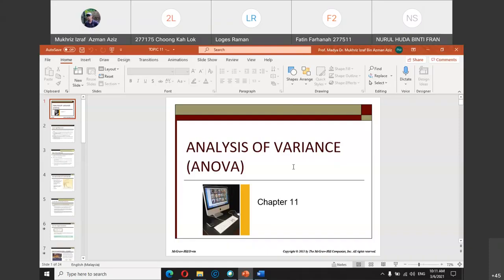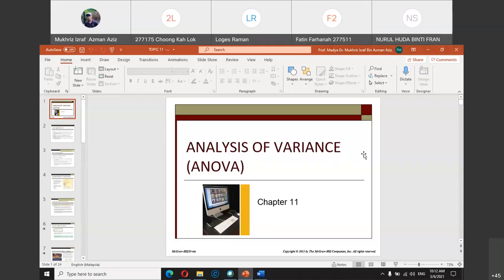And when it comes to software applications, if you use a package like Microsoft Excel or econometric software like Stata, eViews, SAS, or any other software that can perform econometric calculations, ANOVA is part of the standard output when it comes to regression analysis.